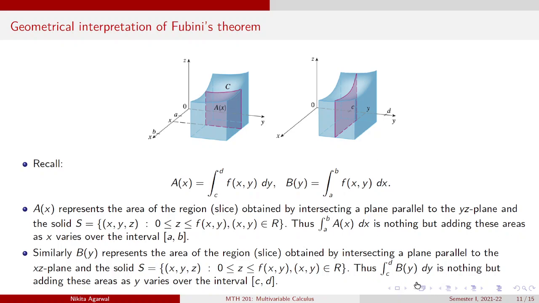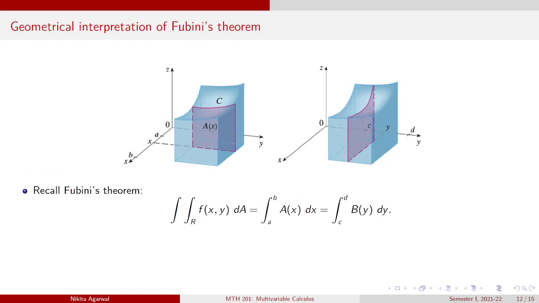So this integral is nothing but adding the areas of these, and Fubini's theorem tells you that the volume of the solid is the sum over all these areas. It doesn't matter whether you take cross sections as shown in the first figure, or cross sections as you see in the second figure. It gives you the same value provided the function is continuous.